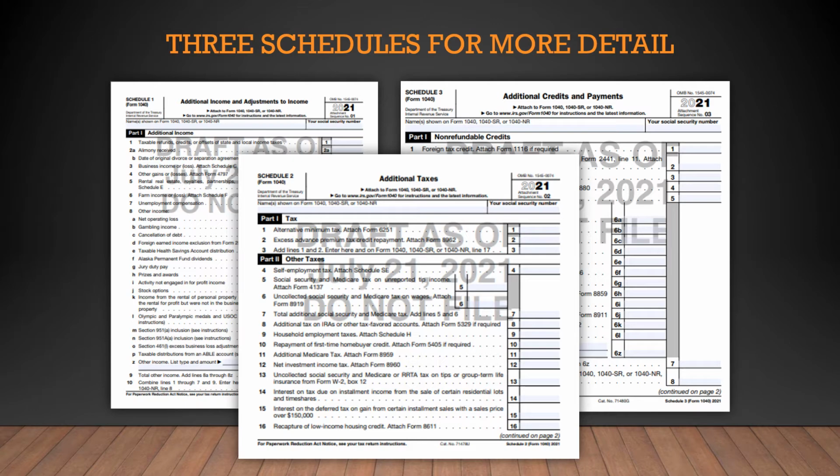Schedule 2 covers additional taxes, and Schedule 3 covers additional credits and payments. And just to note that each one of these schedules is 2 pages. So I'm only showing you here the front page, but there is another page, which I have included in our materials.